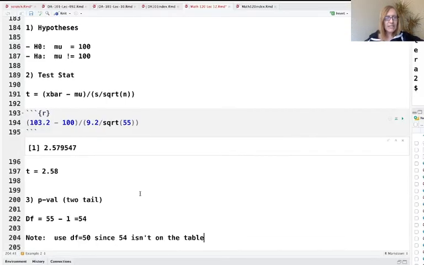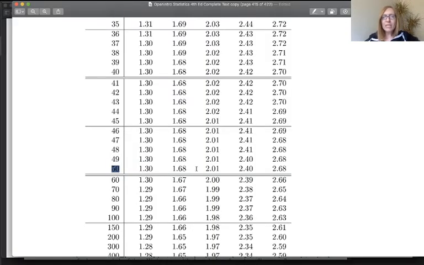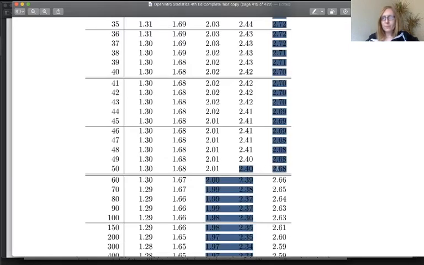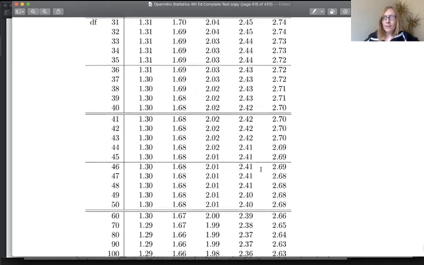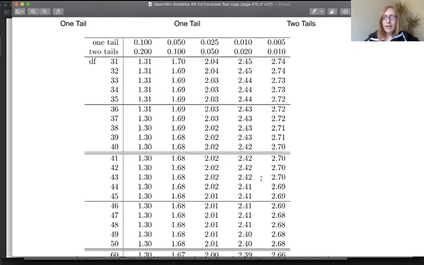Our test statistic was 2.58. So that's between these two. Our test statistic is between 2.4 and 2.68. Do you see where my mouse cursor is? It's between those two right there. That's where I'm looking on the table. All right, let's look up above for the p-value.